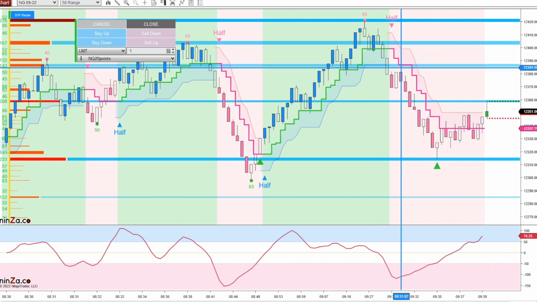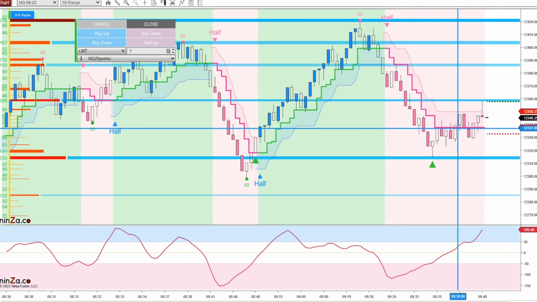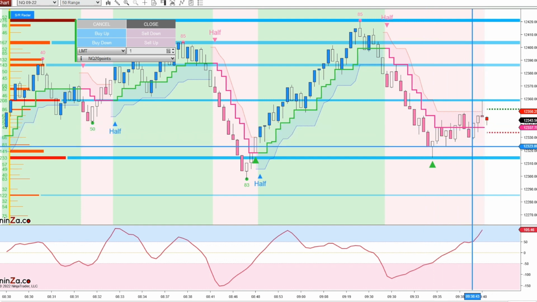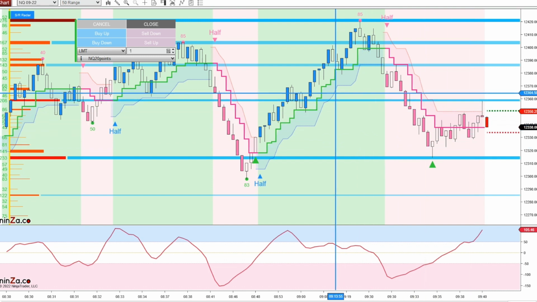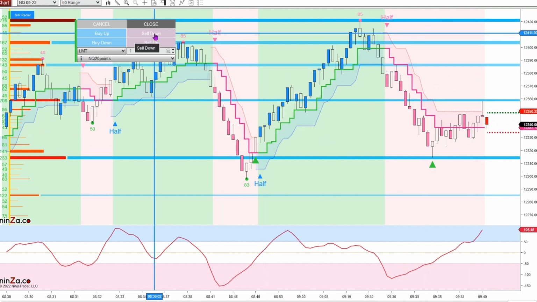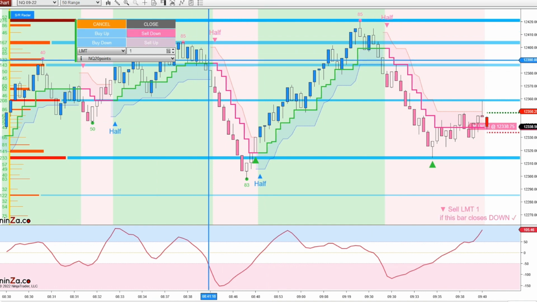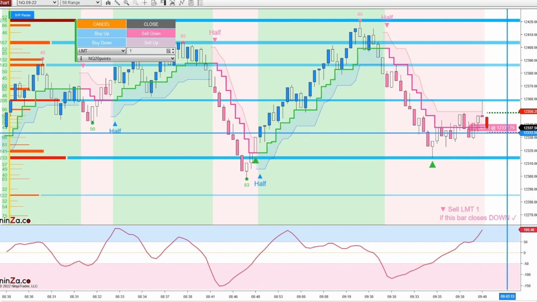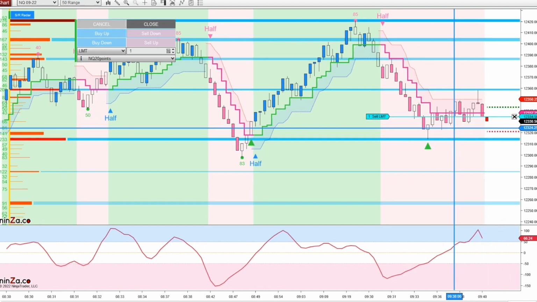Ideally, I'd like it to be below this half trend line, this pink line. So if this candle closes below, it's going to close below this half trend line.